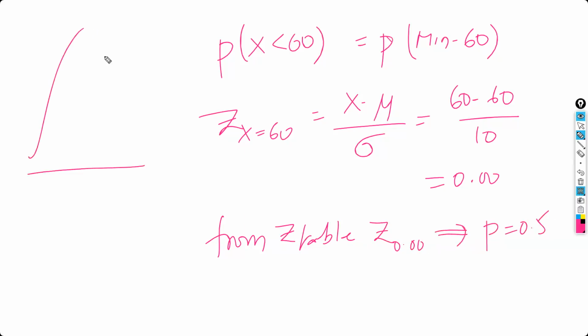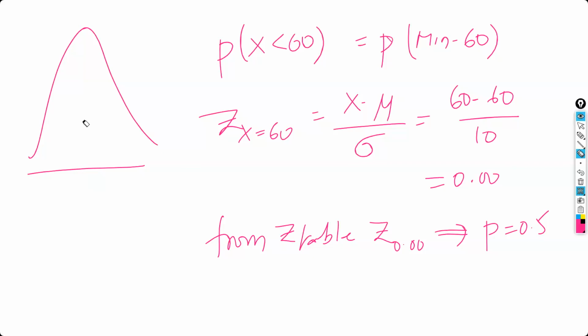So the answer for less than 60 is 50% of the data. 50% of the data is on the left side, 50% on the right side. Is the point clear for everyone? Total probability is 1 for the normal distribution. Normal distribution means symmetrical: 50% on the left side, 50% on the right side. You get the same answer from the z-score as from basic logic, directly 50%.